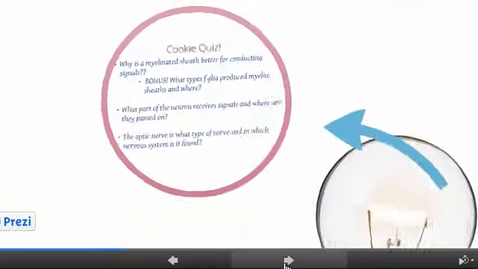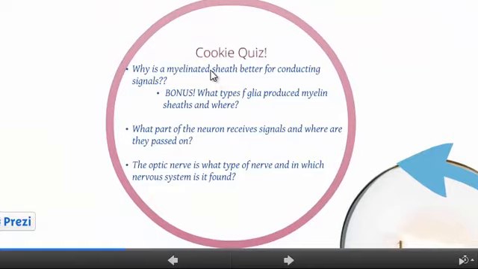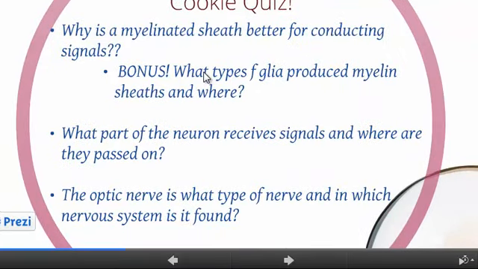Okay, so right now we have a quiz that we were going to do in class and pass out cookies for correct answers, but since that's not a possibility, we're just going to use it as a review. The first question is, why is a myelinated sheath better for conducting signals, and what types of glia produce myelin sheaths and where?